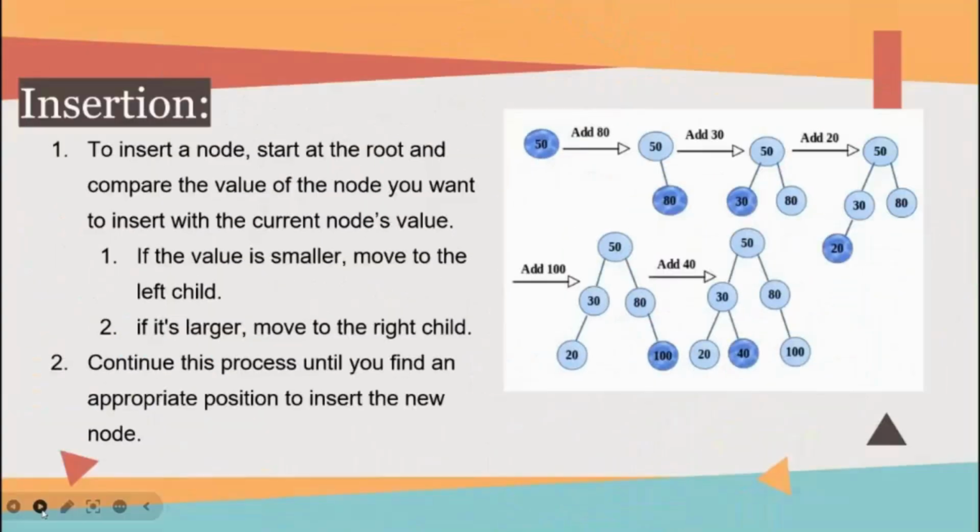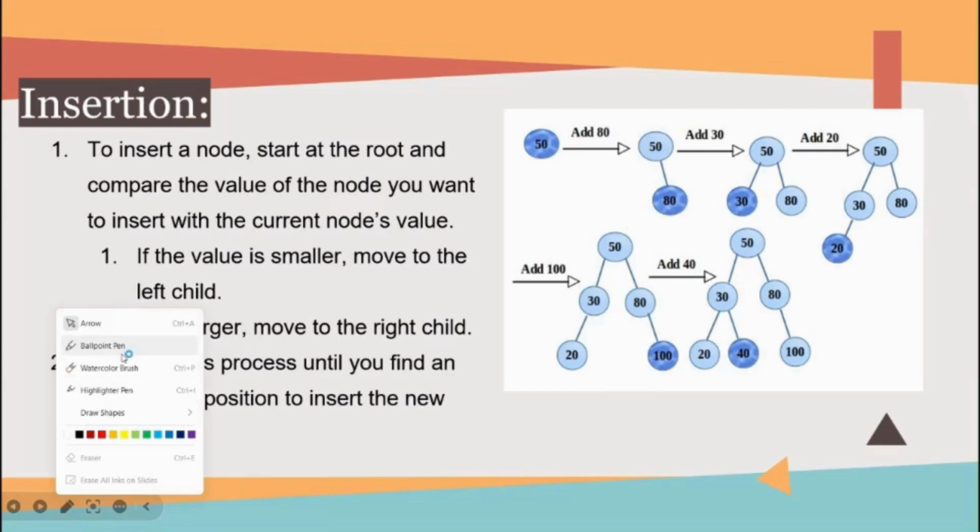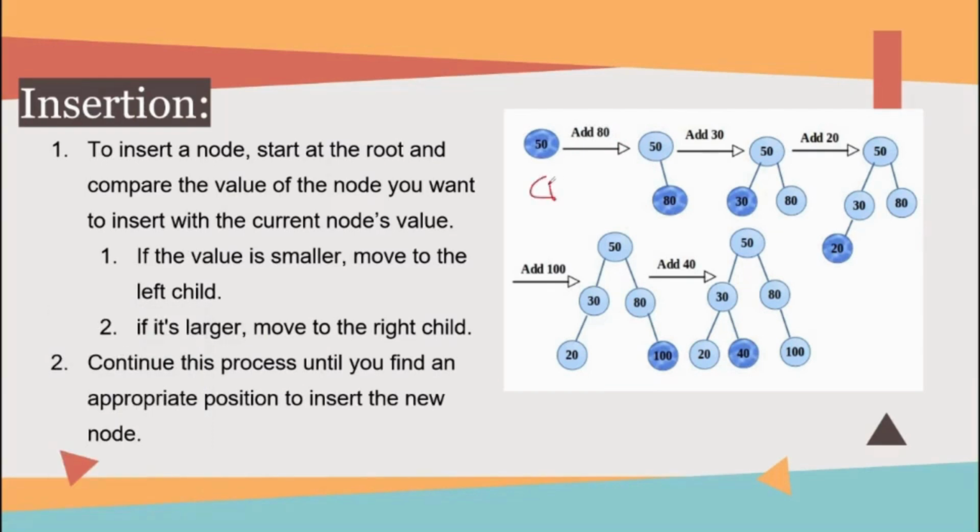Next, we will see how to insert an element, and how the insertion takes place. Here, if we take 50 as an element, following the insertion property we discussed before, initially there is no element, so insert 50. Next, insert 80. To insert 80, we check the condition: 80 is greater than 50, so it is inserted on the right side of 50.